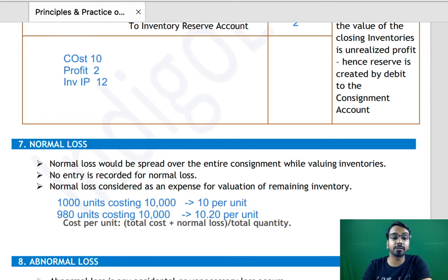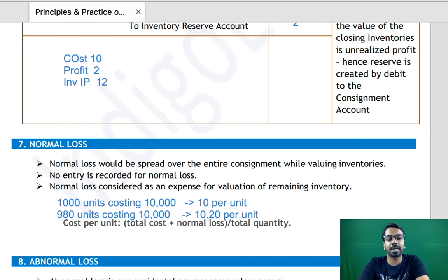So, 80 units at 10.20, which is 80 into 10.20, comes to 816. This amount is abnormal loss. This will be credited to the consignment account. When you sent the goods costing 10,000, you debited the consignment account, right? Now, out of this, 816 is abnormal loss, which has to be removed from the consignment account.